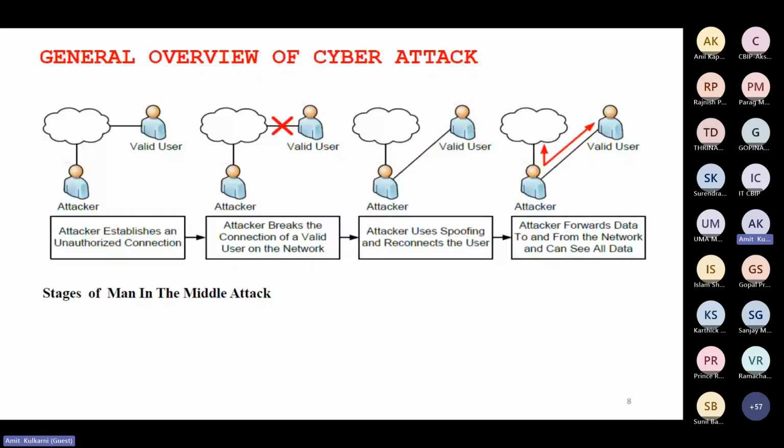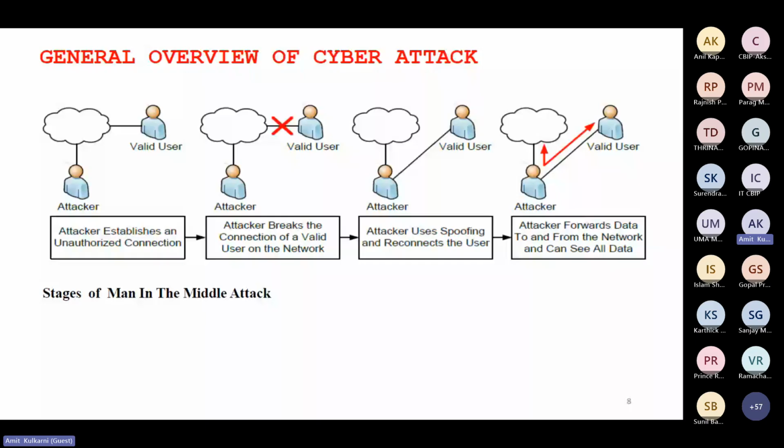The attacker establishes an unauthorized connection. He tries to connect as a valid user. He connects through the network. Then after spoofing, he reconnects. He gives the impression that he is working like a user. And then if he succeeds, the whole field is there for him to play on.